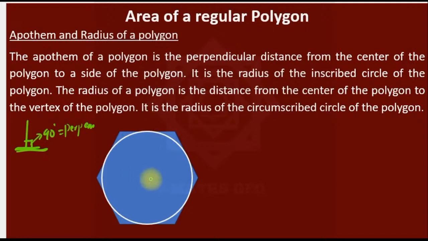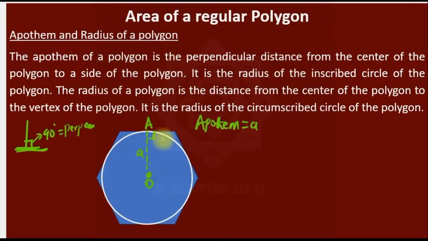If you move perpendicular to a side, the side forms angle 90. So this is the apothem. Let the apothem be A. So the distance from this center O to this point is the apothem. So OA is the apothem, A.